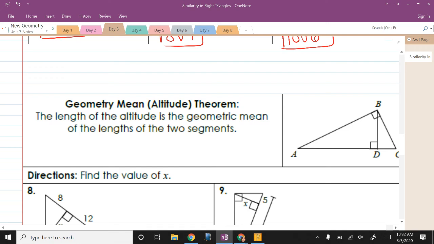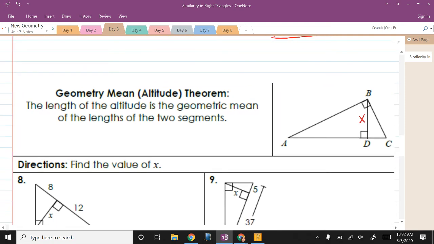Y'all see that? Okay, so the length of the altitude is the geometric mean of the lengths of the two segments. So basically, this is the altitude, BD. So BD squared equals the two segments that it crosses. So it crosses AD and DC.